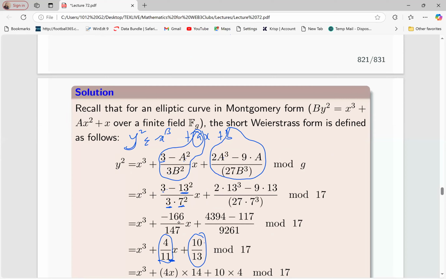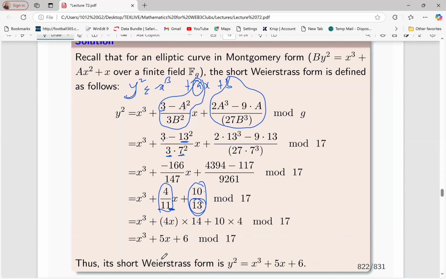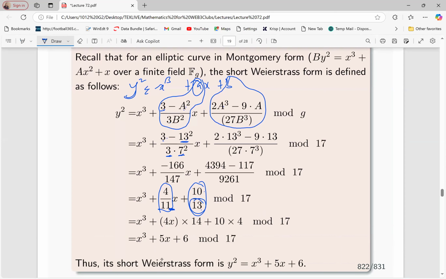You cannot divide 10 by 13. So you must also get the inverse of 13 and multiply. What I'm saying is, when you reach here, it's the same as x cubed plus 4 times the inverse of 11 x, then plus 10 times the inverse of 13.